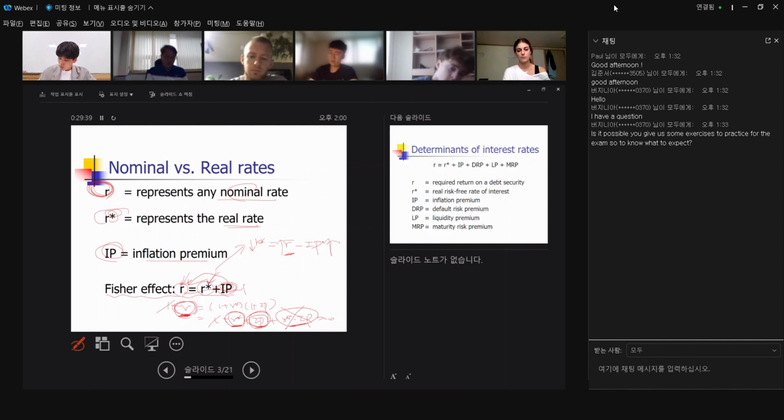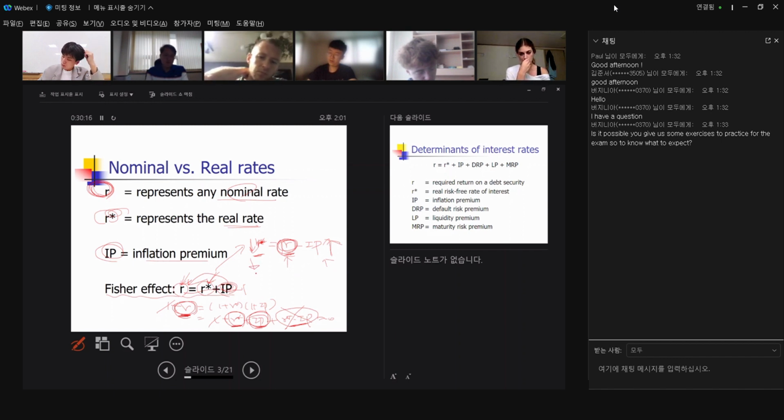As inflation premium increases, real interest rate falls unless nominal interest rate increases at the same rate as inflation. In other words, if we want to keep the real interest rate fixed, then what? Nominal interest rate should increase as much as inflation premium. Otherwise, real interest rate decreases.